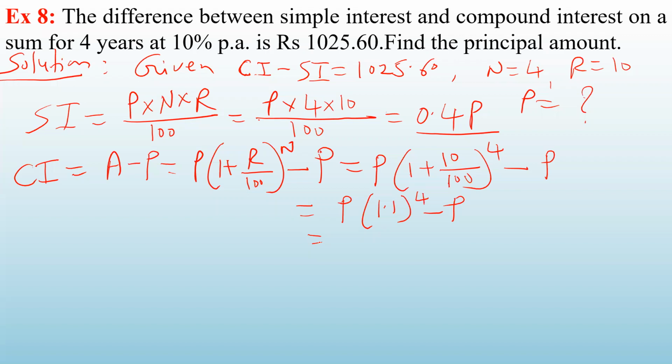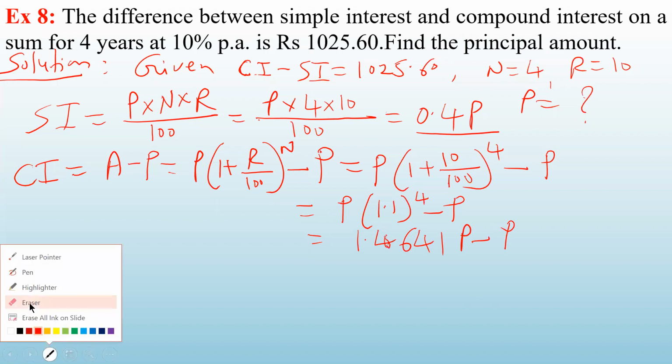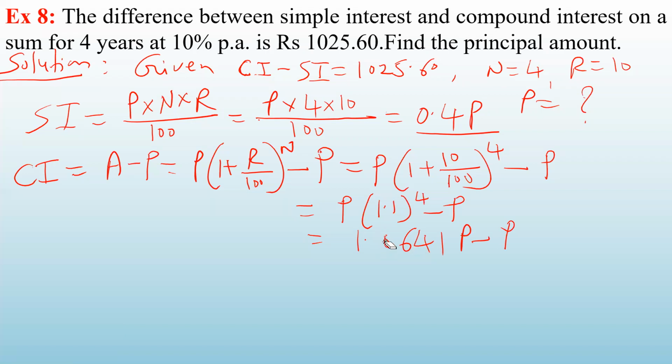That gives you 1.4641. So this is 1.4641 P minus P. So this is 1.4641 P and this is minus P. There is no number written here, so the coefficient is 1 here. If no number is written, that means it is 1.